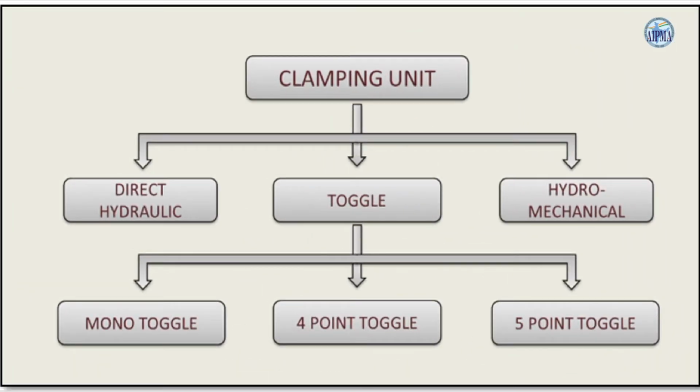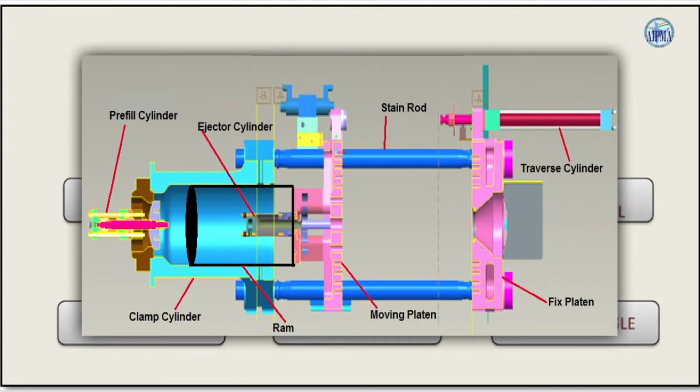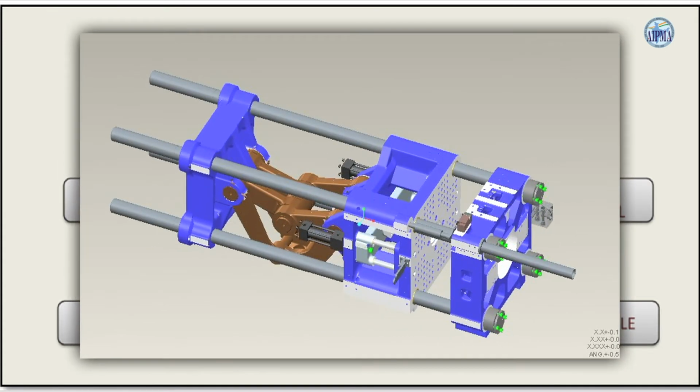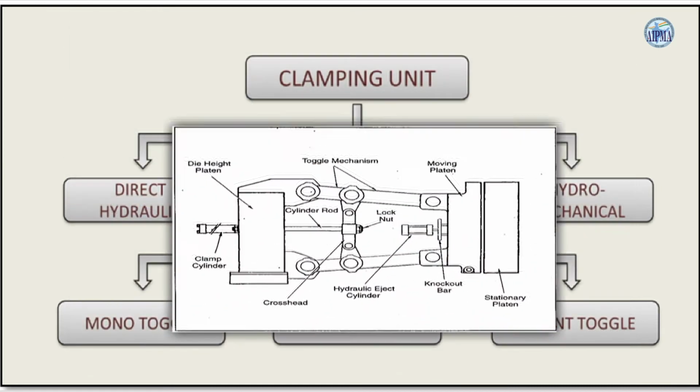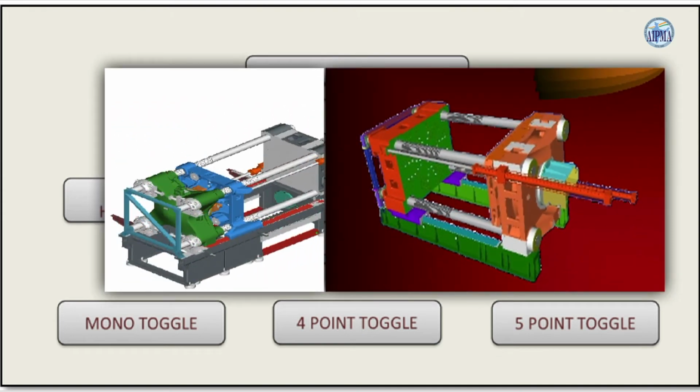Clamp unit comes in three different design concepts: direct hydraulic, monotoggle, 4-point toggle, 5-point toggle, hydromechanical.